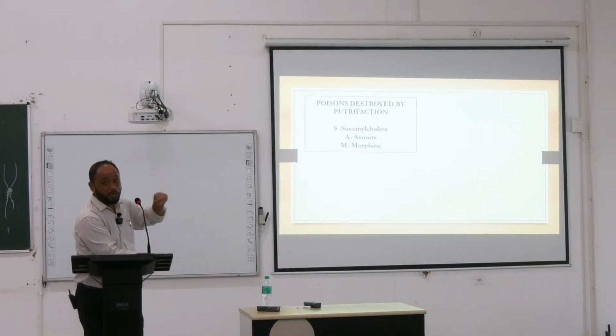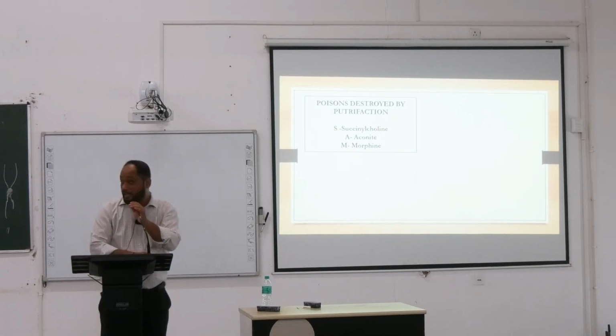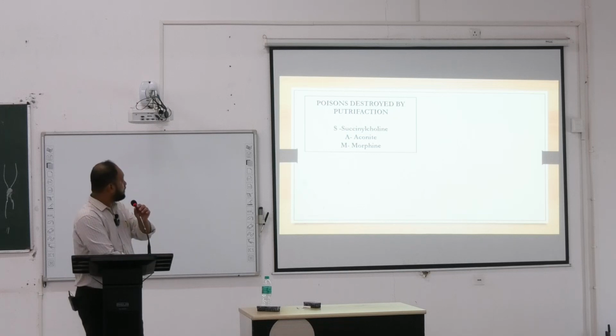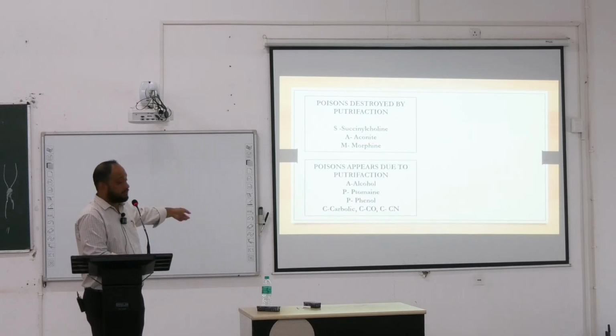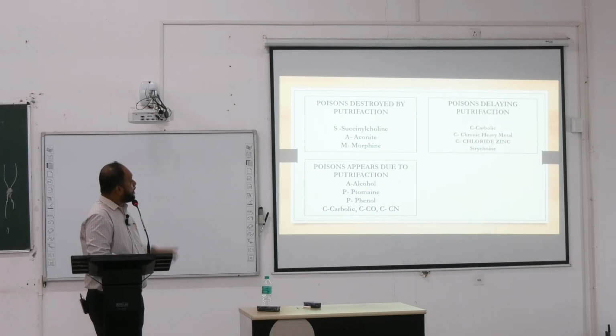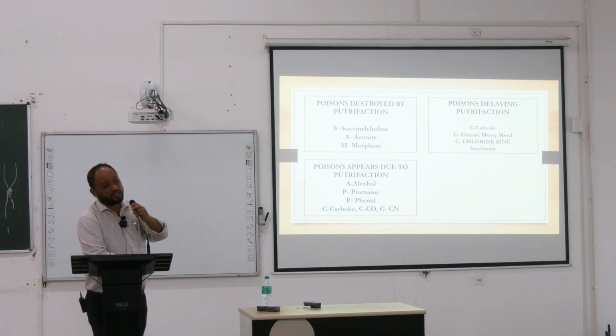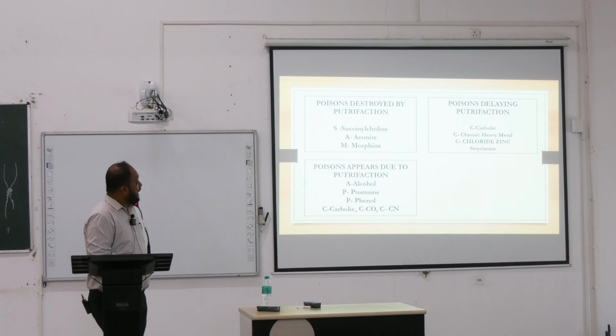Sam is mnemonic টা মনে রাখার জন্য, Sam is succinylcholine, aconite and morphine. Now poisons appearing due to putrefaction, but we will have carbolic acid, carbon monoxide, alcohol, bromine, phenol. Poisons delaying putrefaction. C, mnemonic. Carbolic, chronic, heavy metal, and chloride, zinc chloride.